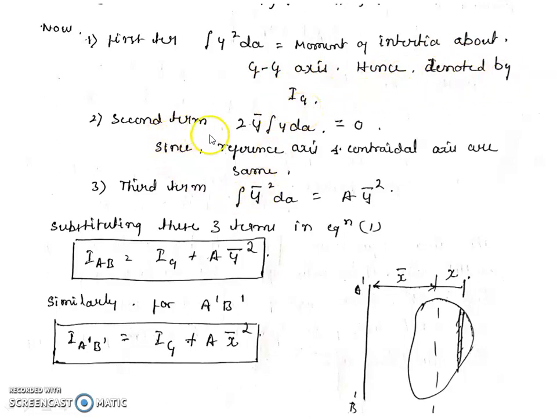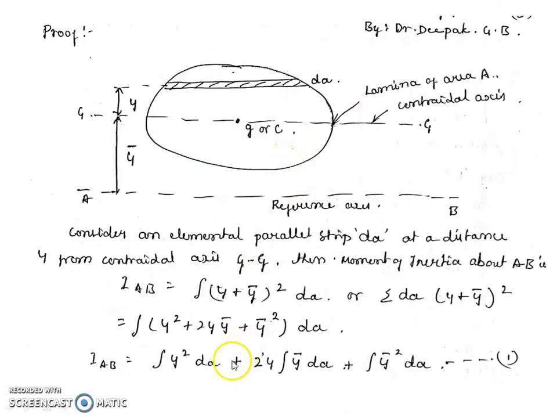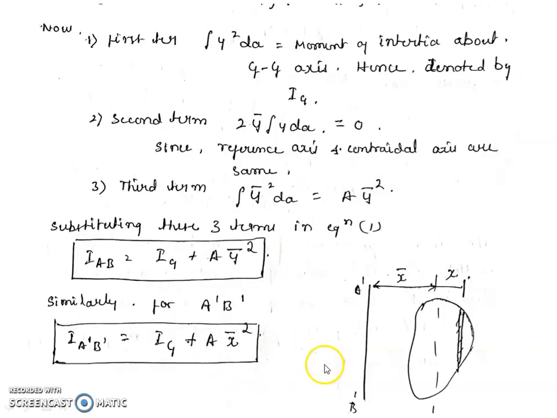Next I will consider the second term, 2y bar times the integral of y dA. That is equal to 0, because the reference axis here is itself the centroidal axis, so there is no distance; the integral of y dA is 0. That's why the second term becomes 0.